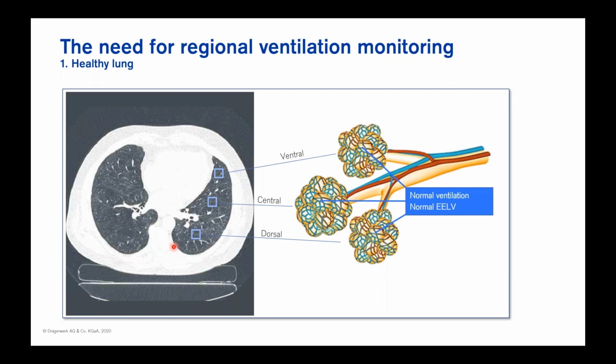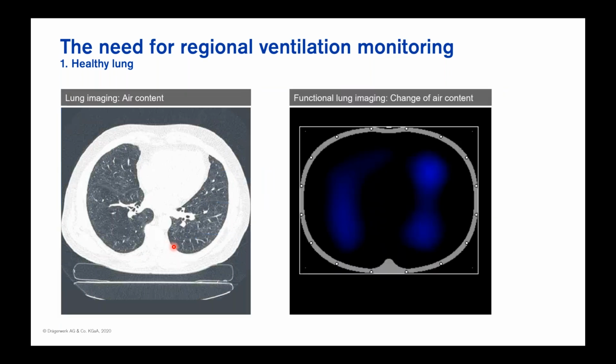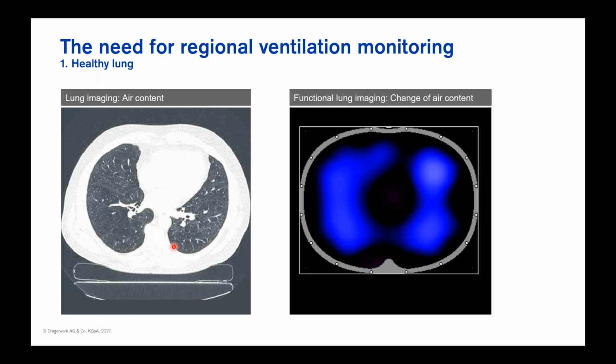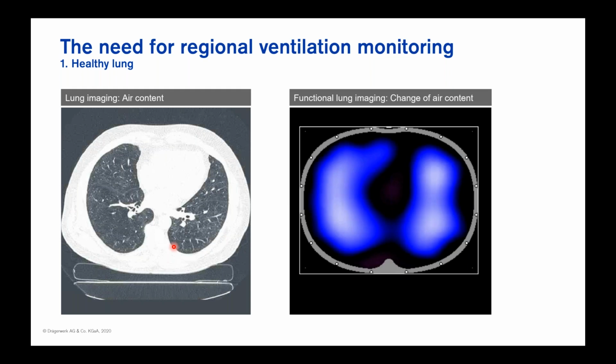However, we don't see in the CT scan the changes of air content due to ventilation. So the CT scan shows you the end-expiratory lung volume, and the EIT will show you dynamically how the air moves in and out of the lungs, and it's all referenced to the end-expiratory level.